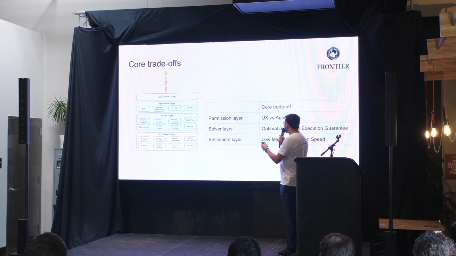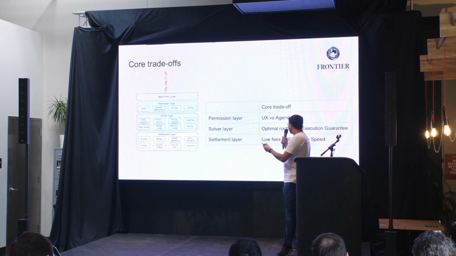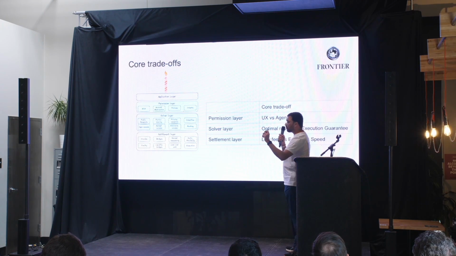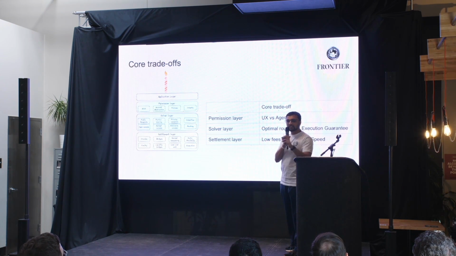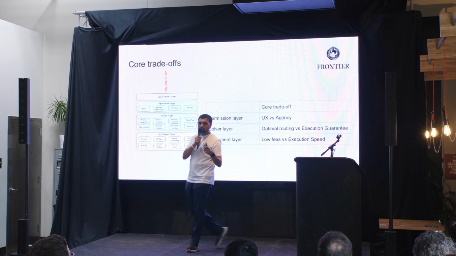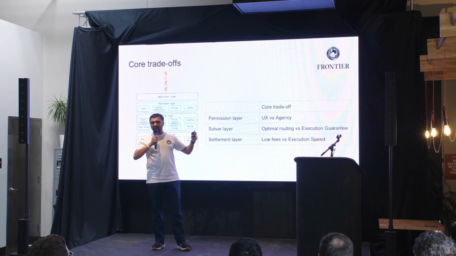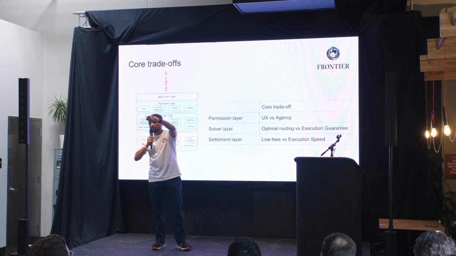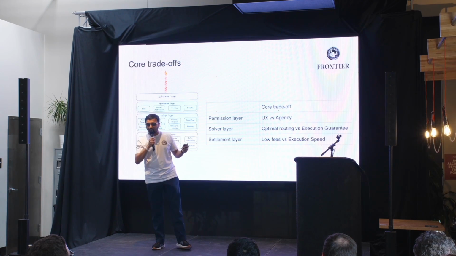The second thing that you would want to do, on the solver layer, is figure out the trade-off between optimal routing, which is finding the best path to make sure that the user's transaction gets executed, versus actually making sure that the transaction gets executed. Imagine in a cross-chain world where a transaction needs to take 30 hops to actually satisfy what the user wants to do.